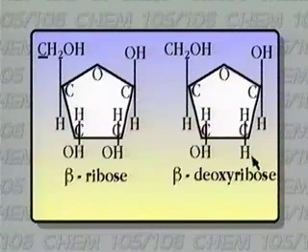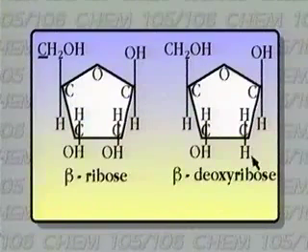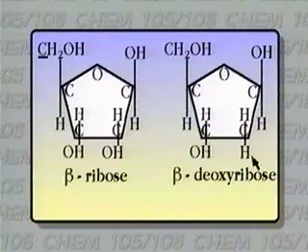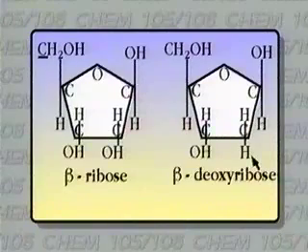And so the name deoxy, like when we talk about detoxification, meaning to remove something that's toxic, deoxy means minus an oxygen, and so that's where the name came from. It's the ribose sugar minus the one oxygen, and that makes it deoxyribose sugar.